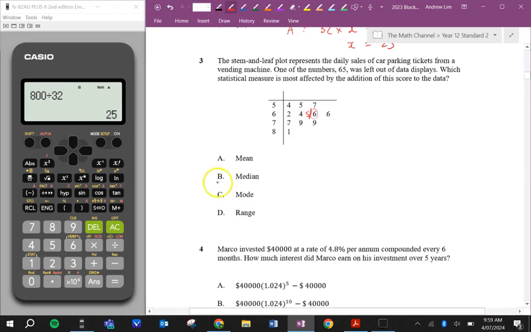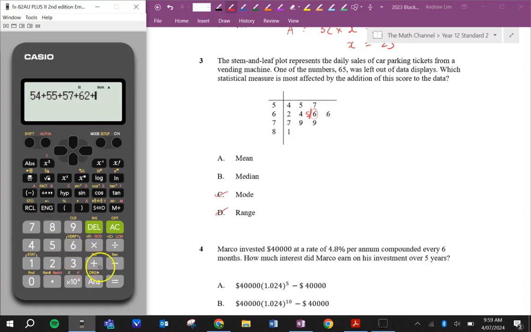It doesn't affect the mode, it doesn't affect the range. So it might affect the mean. But let's have a look at this. Maybe it's best to work out what the mean is. So if I were to not include the 65, let's just see what the mean would be. 62, 64.